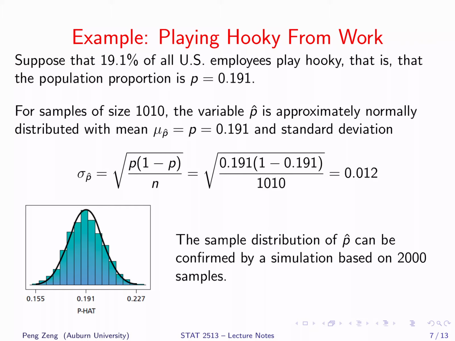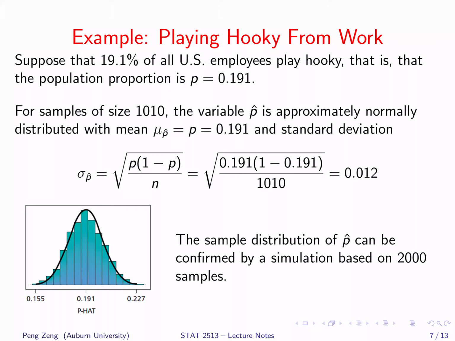This claim can be proved rigorously using mathematics. Here, we just want to verify it using simulation. If we draw 2,000 samples, each of size 1,010, we can calculate a sample proportion for each sample. Then we have 2,000 sample proportions. The figure shows the histogram of the sample proportions.